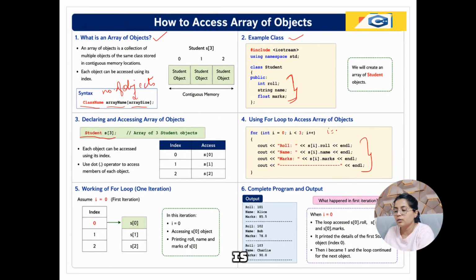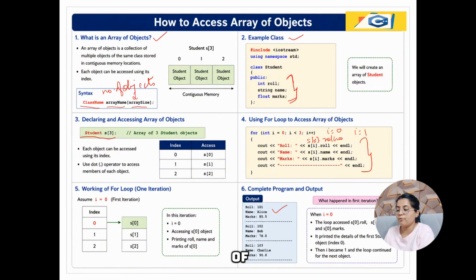I is 0, right? So S of 0 dot roll number, S of 0 dot name, S of 0 dot marks. So all these values which we have entered for S of 0 will get displayed, right? Then for the second iteration, I will become 1.